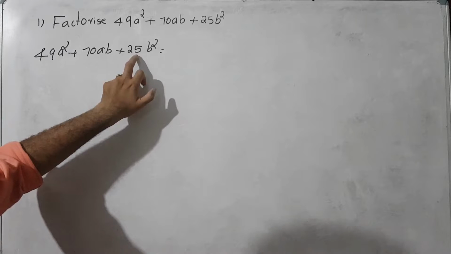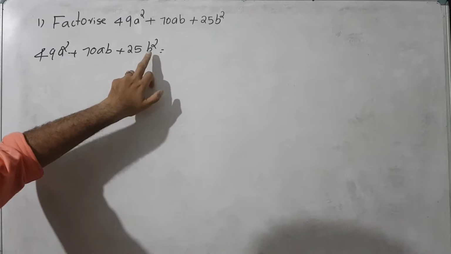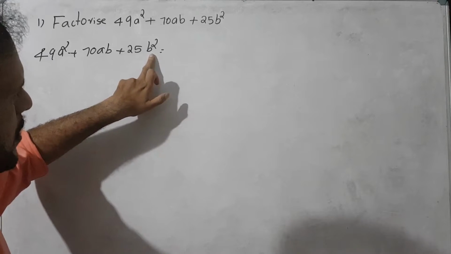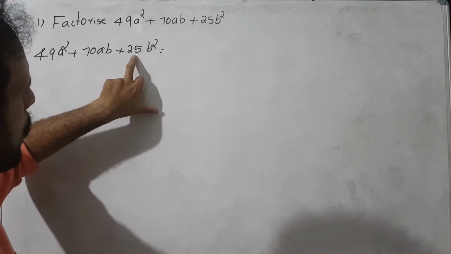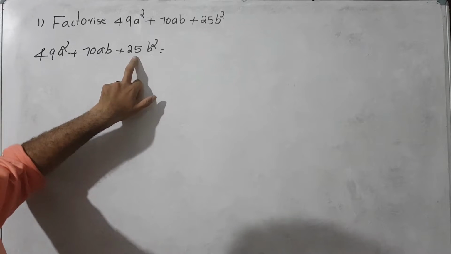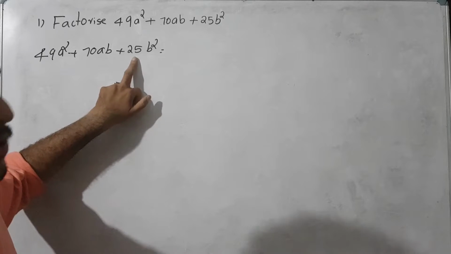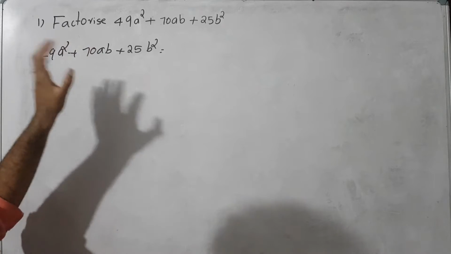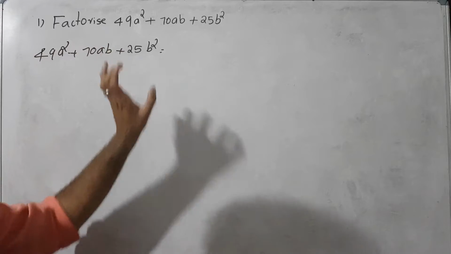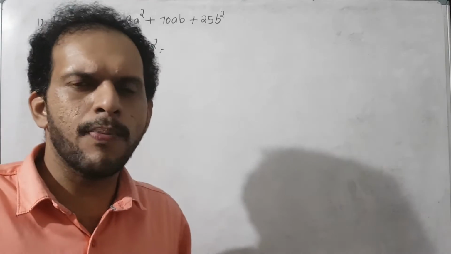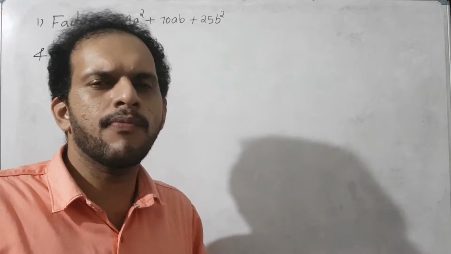Then we check the last term: the variable is in the form of a square. We check the coefficient: yes, 25 is the square of 5. So we got the idea: the first term and the last term can both be converted completely to the form of a square.